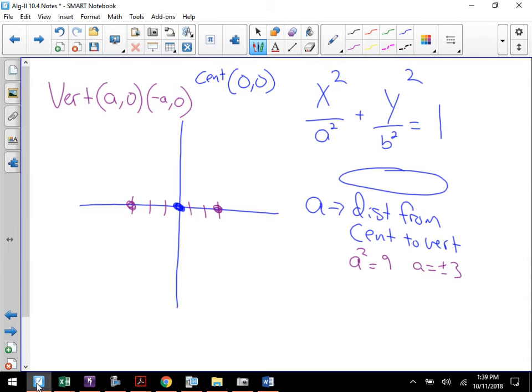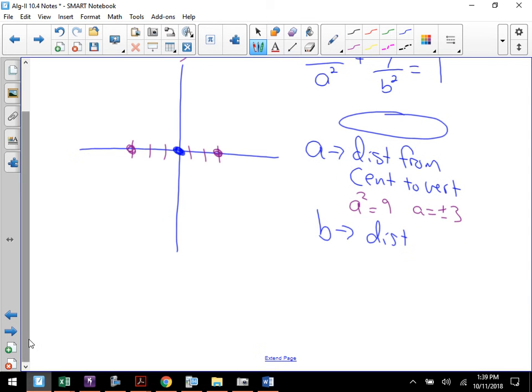Same deal with the covertices. Covertices are the B values. B is the distance from the center to a covertex.